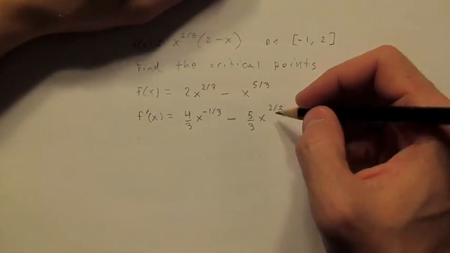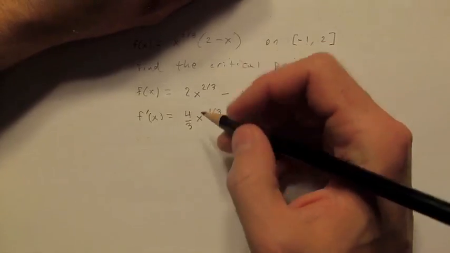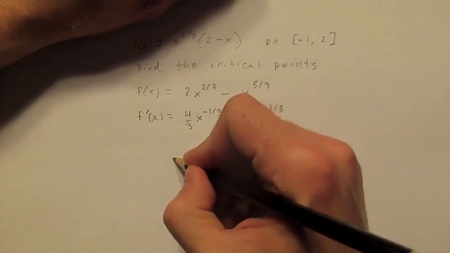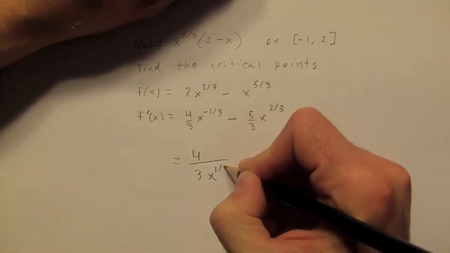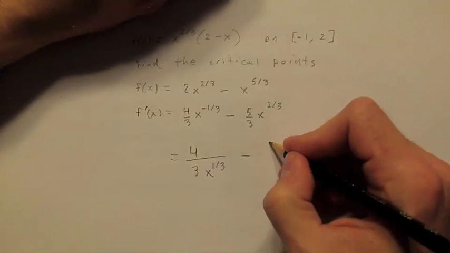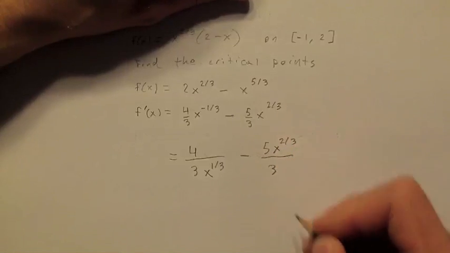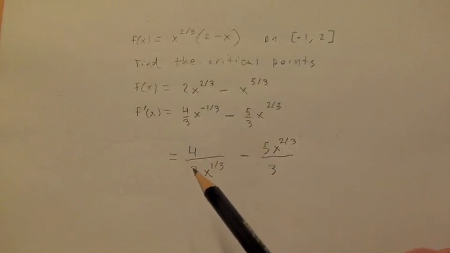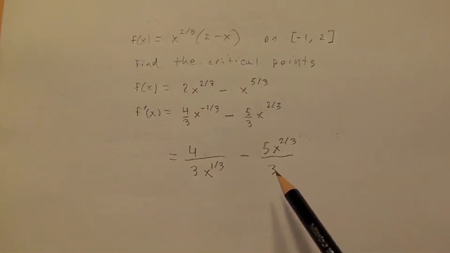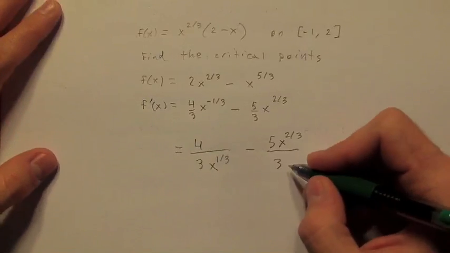So what I would do is the following. I would rewrite this as a fraction so that it's 4 over 3 times x to the 1/3 minus 5 times x to the 2/3 over 3. And now we can actually get a common denominator, because the only thing missing over here is x to the 1/3.